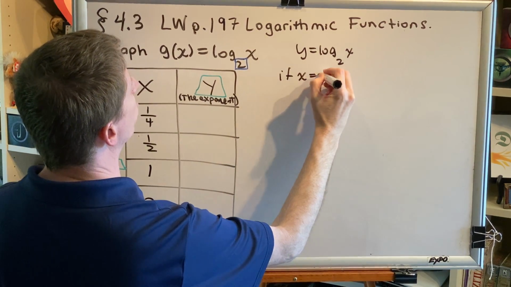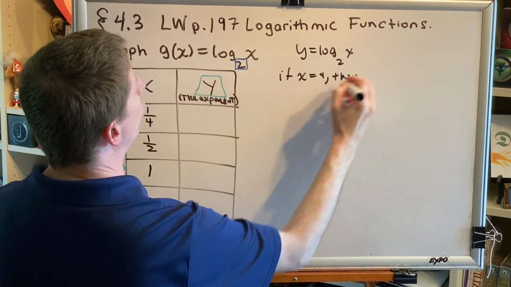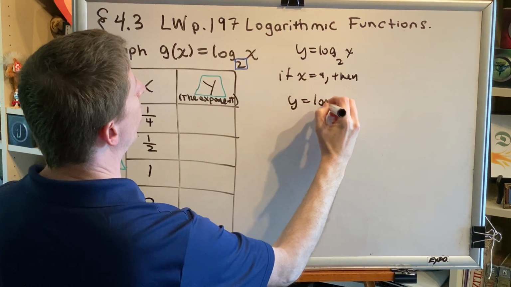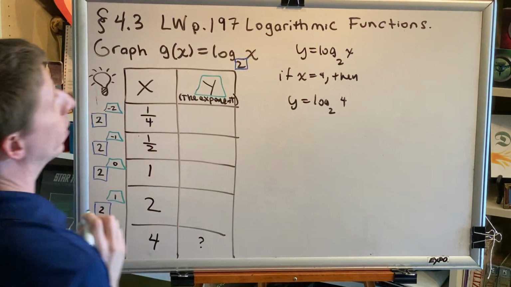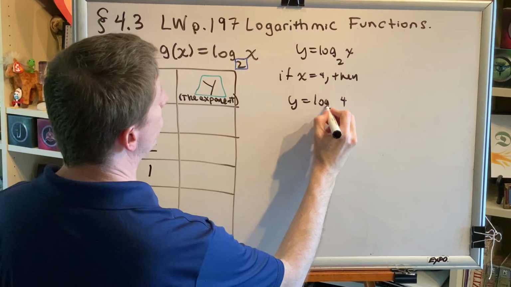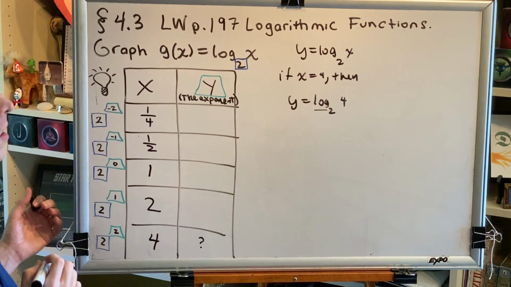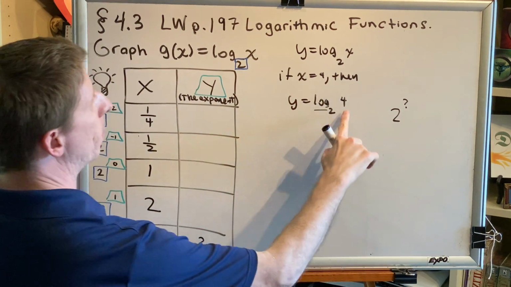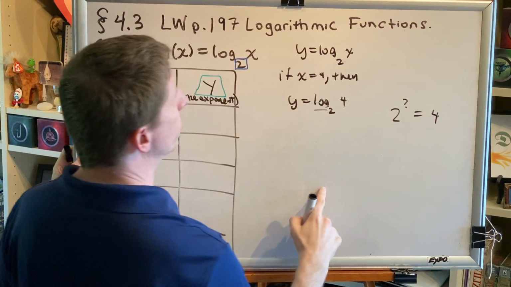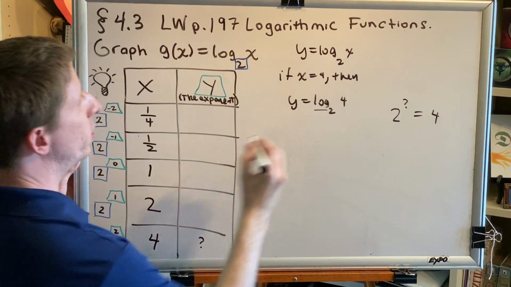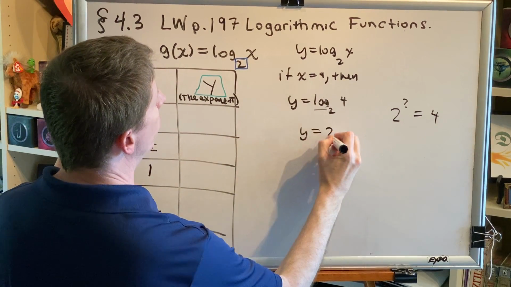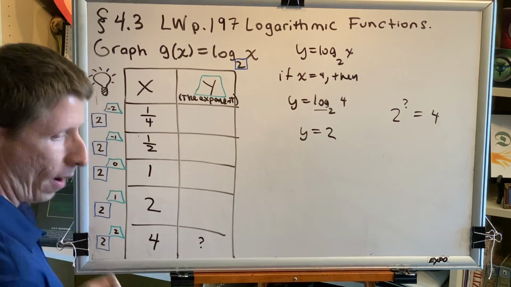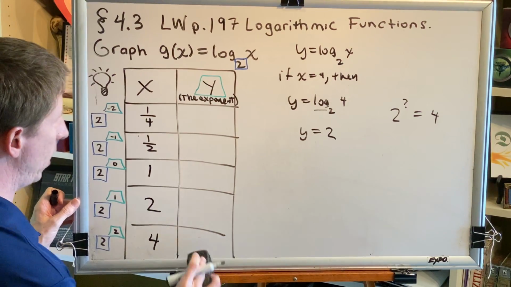If x equals 4, then y equals log base 2 of 4. All right, think about what this is representing. Log is EGOB. What is the exponent that goes on base 2 to make 4? The answer is 2. 2 is the missing exponent. Therefore, 2 is the value of the log, and I will put a 2 here.